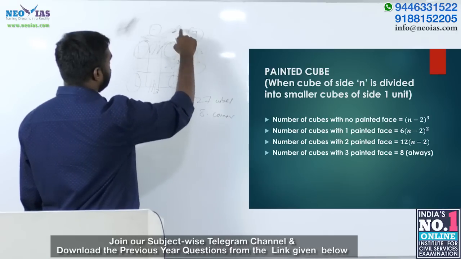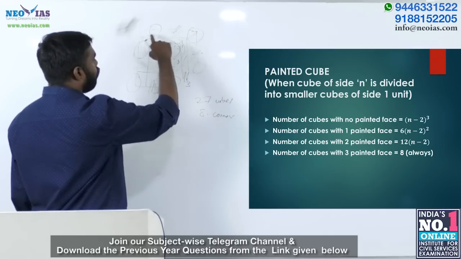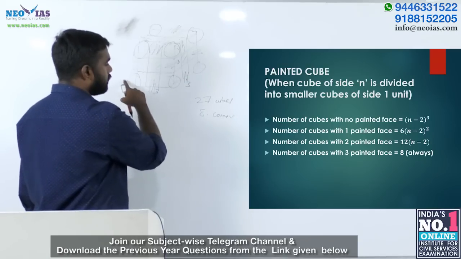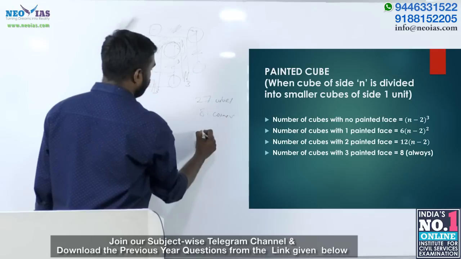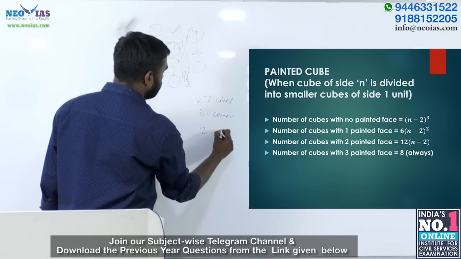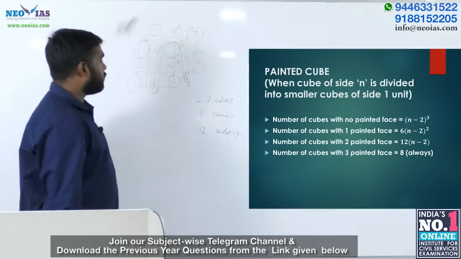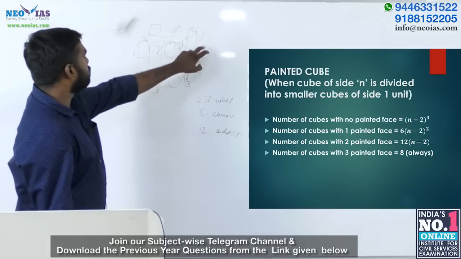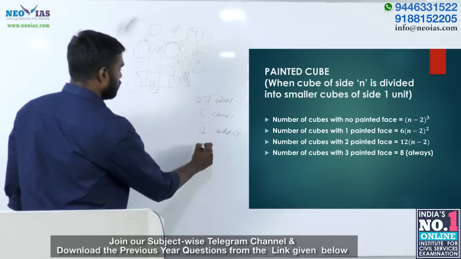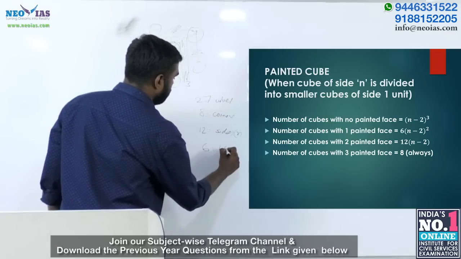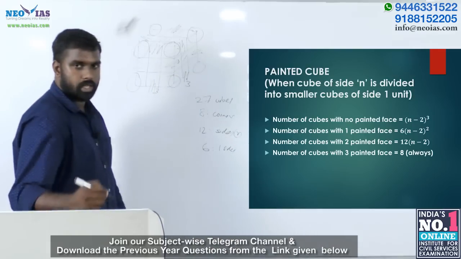Then what else is there? 1, 2, 3, 4. Isn't it? 8 plus 4, 12 will be there with 2 sides painted. Isn't it? Then 1, 2, 3, 4, 5, 6. 6 will have 1 side painted. Isn't it?